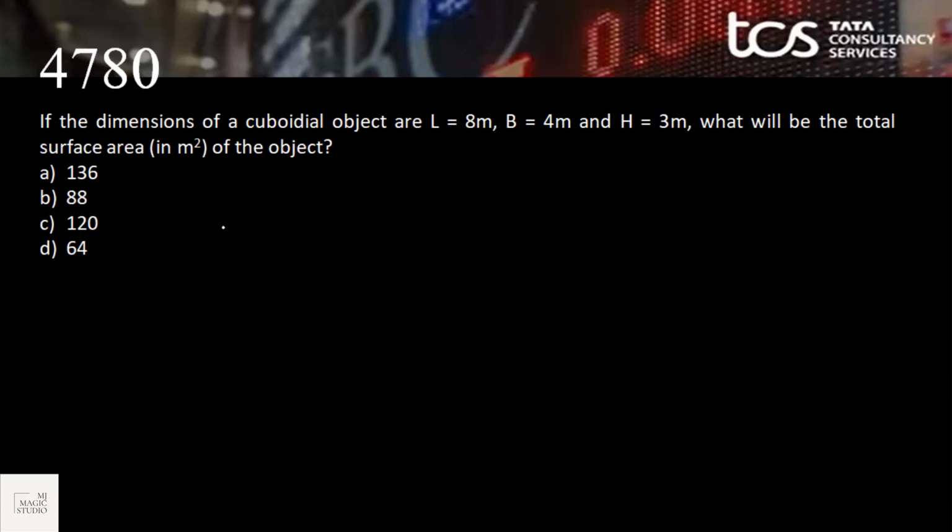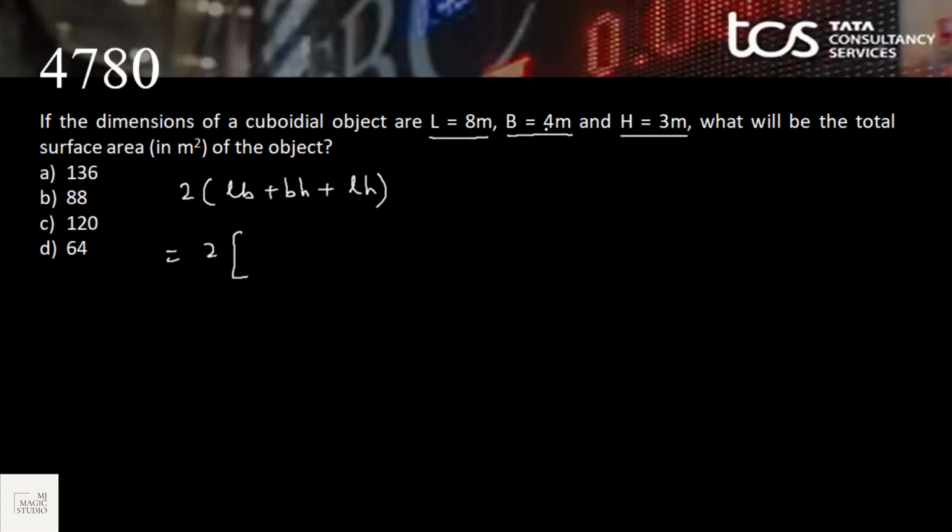Now, the last sample question is from a cuboid. The dimensions of a cuboid are length 8, breadth 4 and height 3 meter. What will be the total surface area? Total surface area of a cuboid is 2 into LB plus BH plus LH.